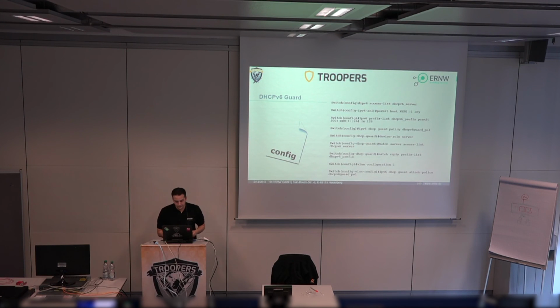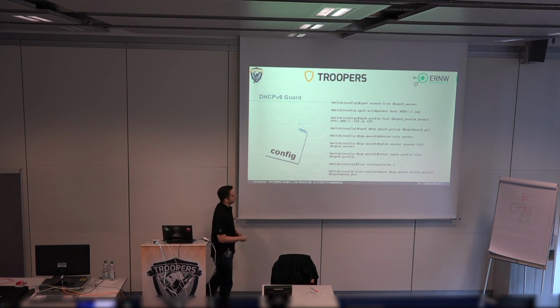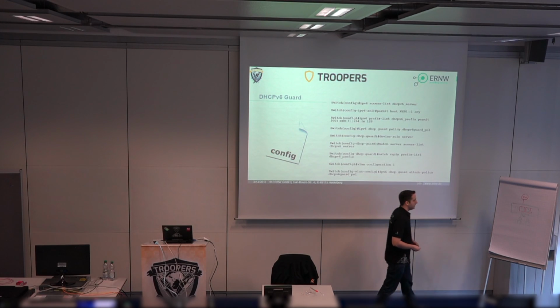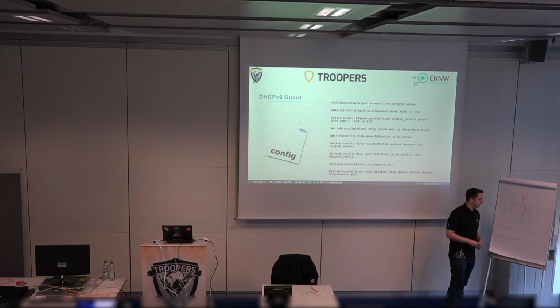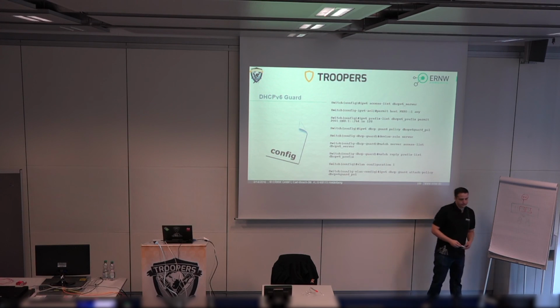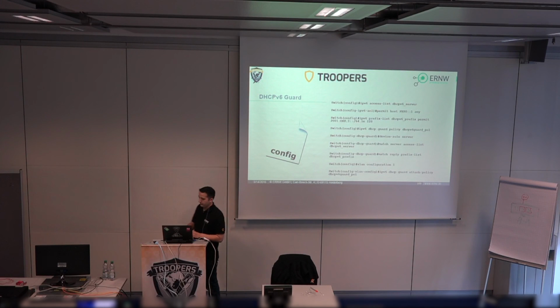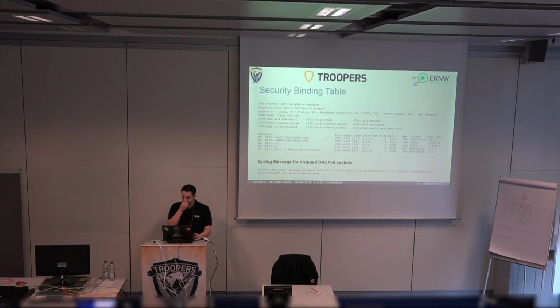But from our perspective, using the light variant for RA guard and DHCPv6 guard is sufficient for most deployments, as you just want to prevent some unauthorized entity from sending router advertisements or DHCPv6 server packets.